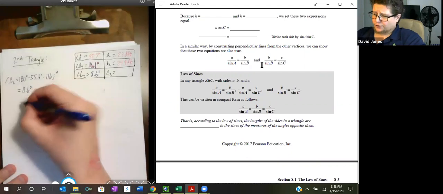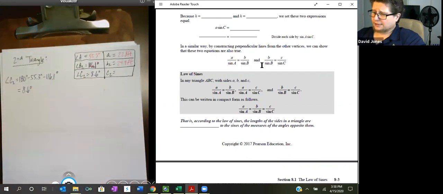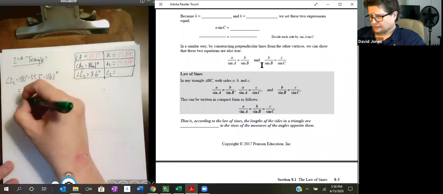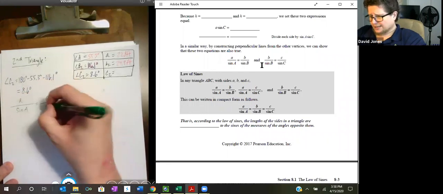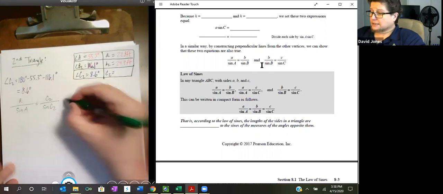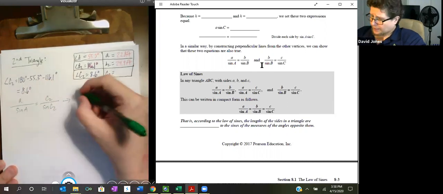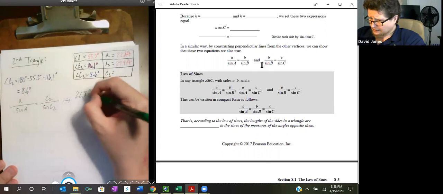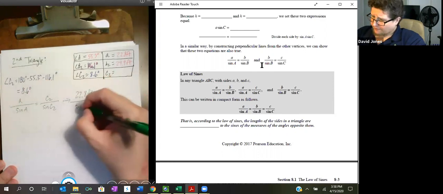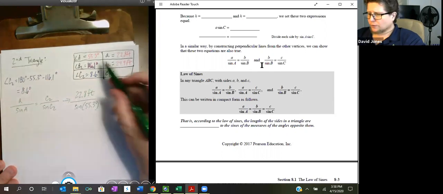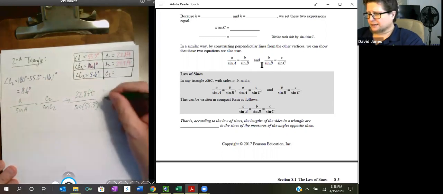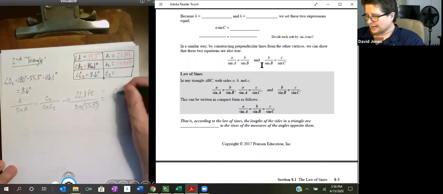And then we do A over sine A equals C2 over sine C2, 22.8 over sine of 55.3. Notice I'm always going back to where I use as many pieces of given information as I can.